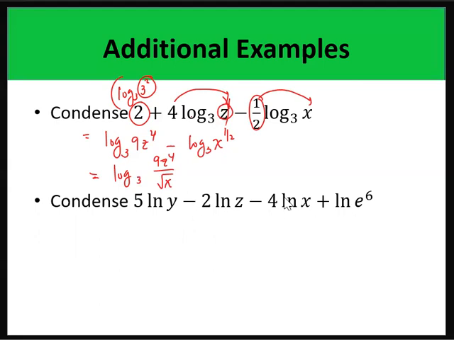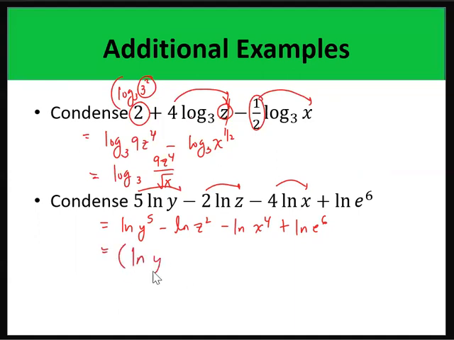And then finally, for the last item, we can write this first as ln of y to the fifth, and then minus ln of z squared, minus ln of x to the fourth, plus ln of e to the sixth. Now we group all those ln's that are positive, and then we group all those ln's that are negative, and then factoring the negative sign, we get ln of z squared plus ln of x to the fourth.